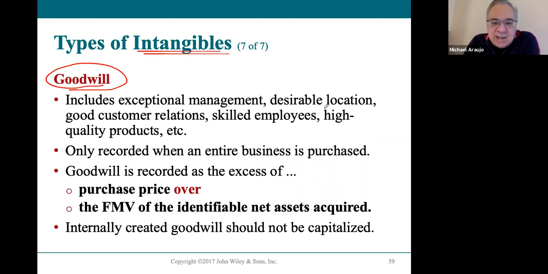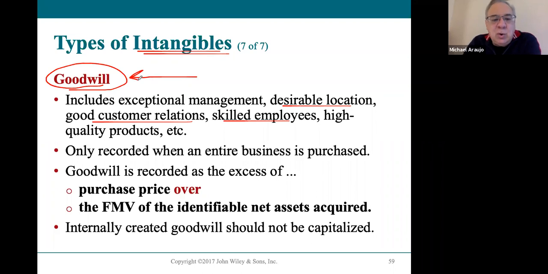But that doesn't take into consideration its reputation, its customer base, the way it's managed, how it's viewed. You're also buying, in many cases, employees who are not leaving and are exceptional. So you can't possibly put that anywhere other than this category that we call goodwill.